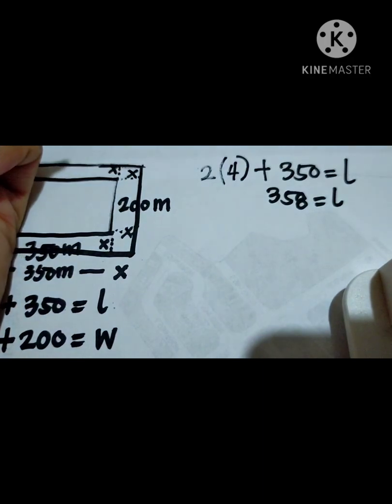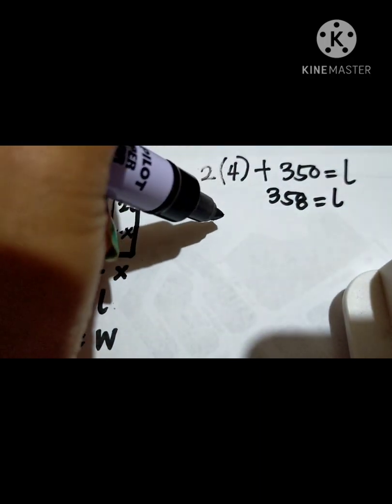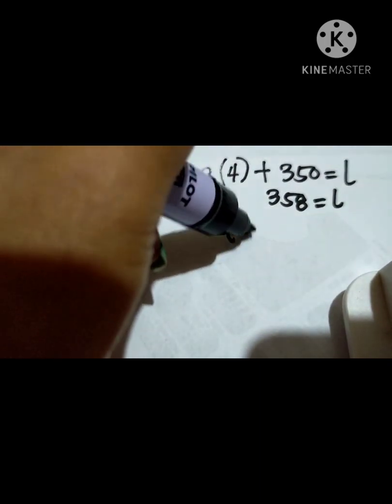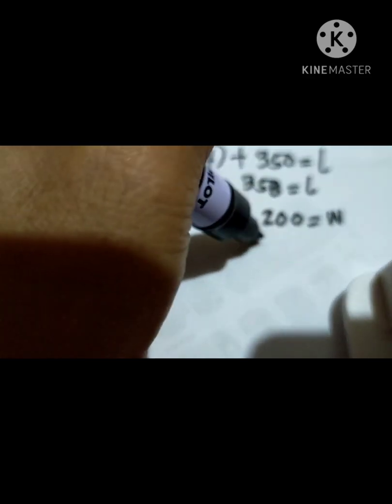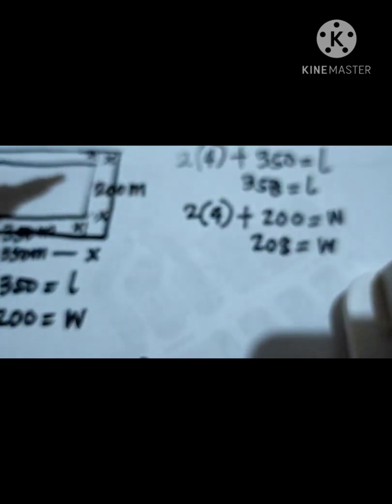So we have 8 plus 350, that is 358 meters long. And for the width, we have 2 times 4 plus 200, and 200 plus 8 is 208, which is the measure of the width.